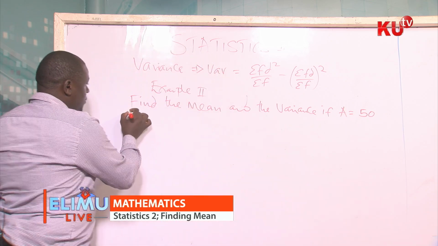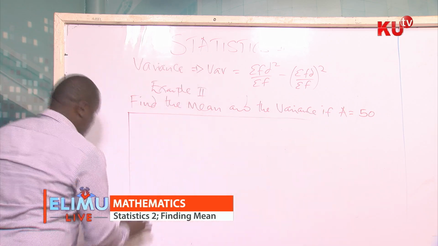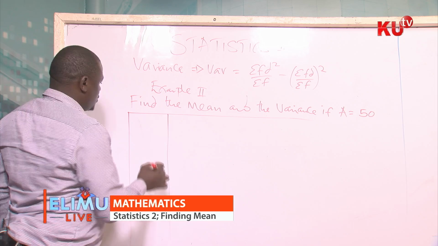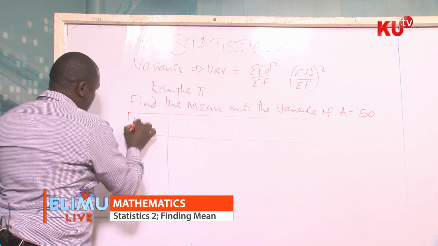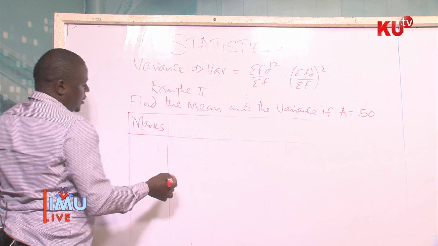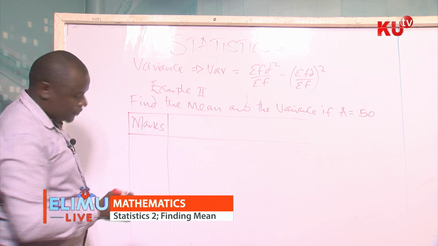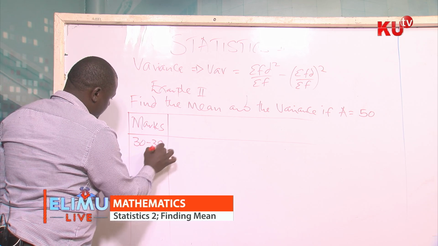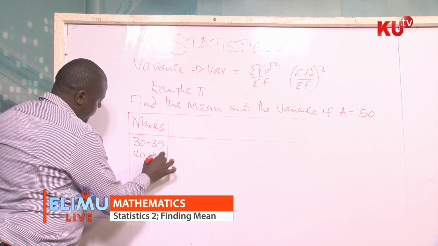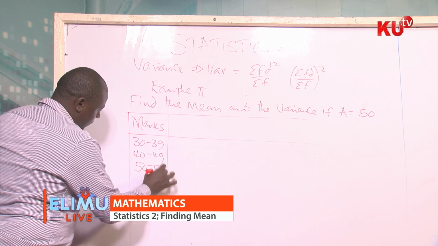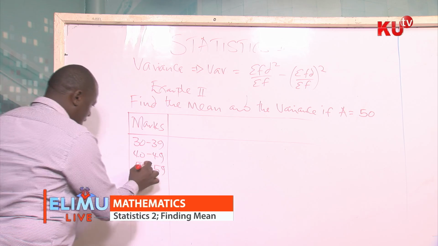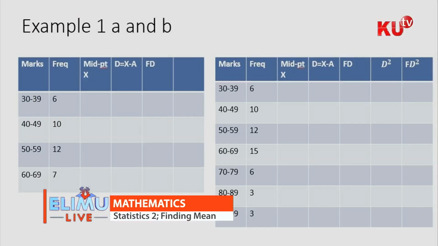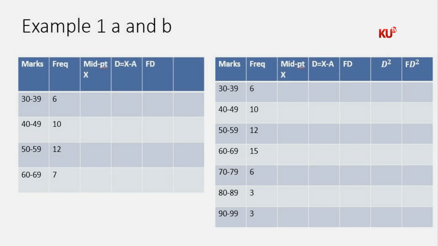If you allow me, I'll do the table in a different way for presentation purposes. These are marks. The marks will range from 30 to 39, 40 to 49, 50 to 59, as they are indicated on the slide or on the screen. 60 to 69, 70 to 79, 80 to 89, and 90 to 99.